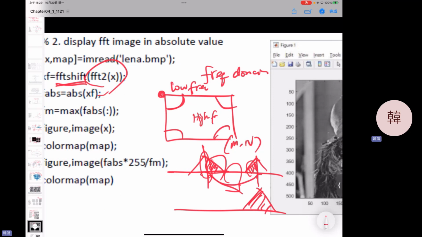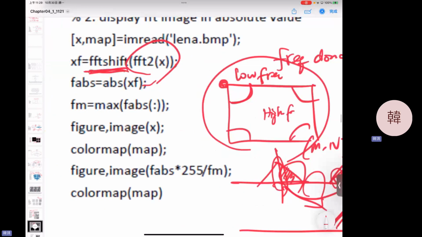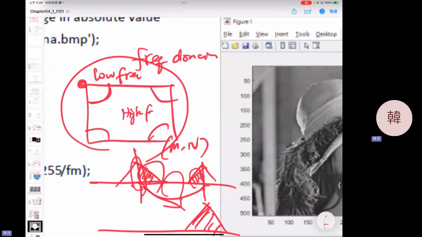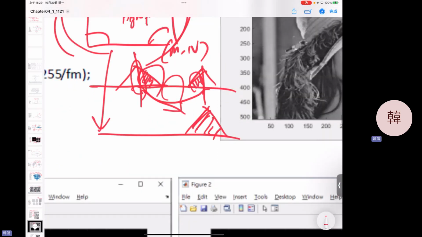We are going to shift your result by half of your repeat, your bandwidth. You have to use this FFT shift program, and then move it so the low frequency becomes the center, and the high frequency is at the corner.